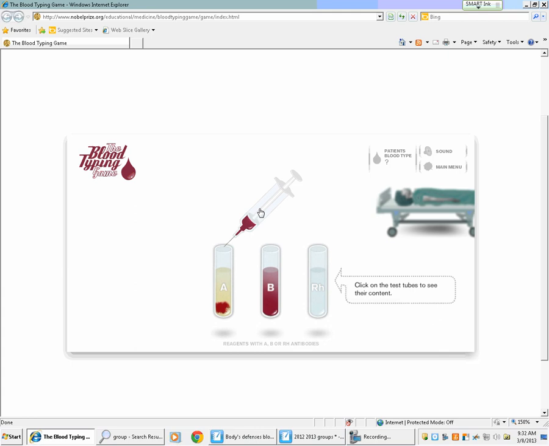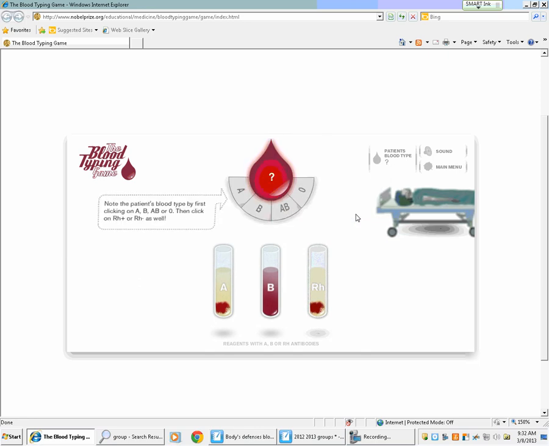Dr. Fuentes, why don't you go ahead and check test tube RH? Write your data. When mixing the patient's blood with the contents in the RH test tube, what happened?